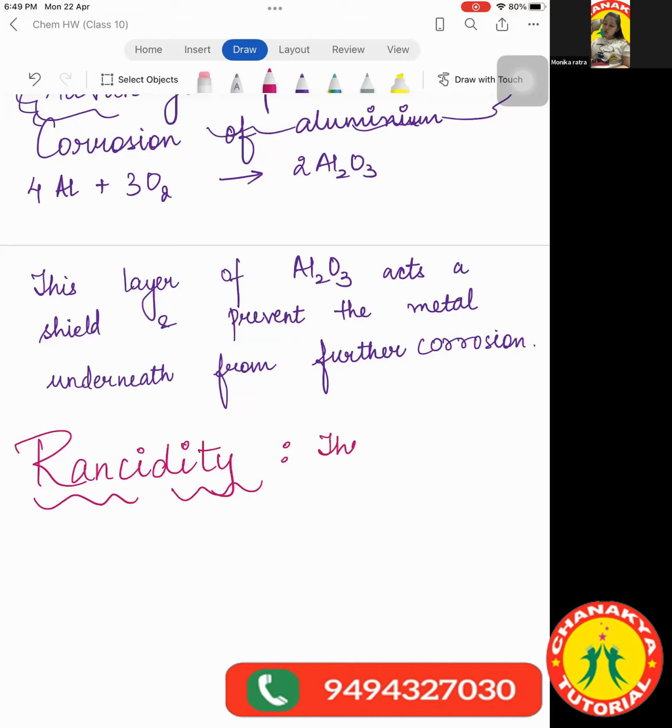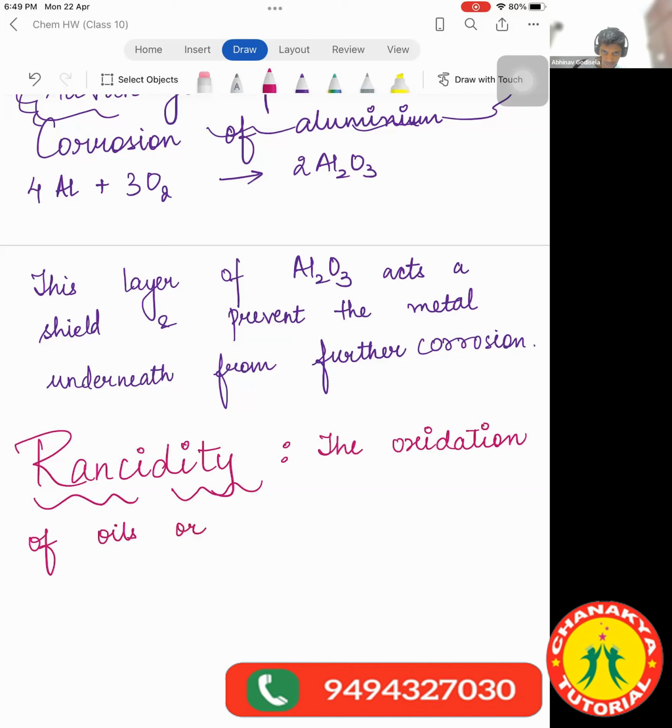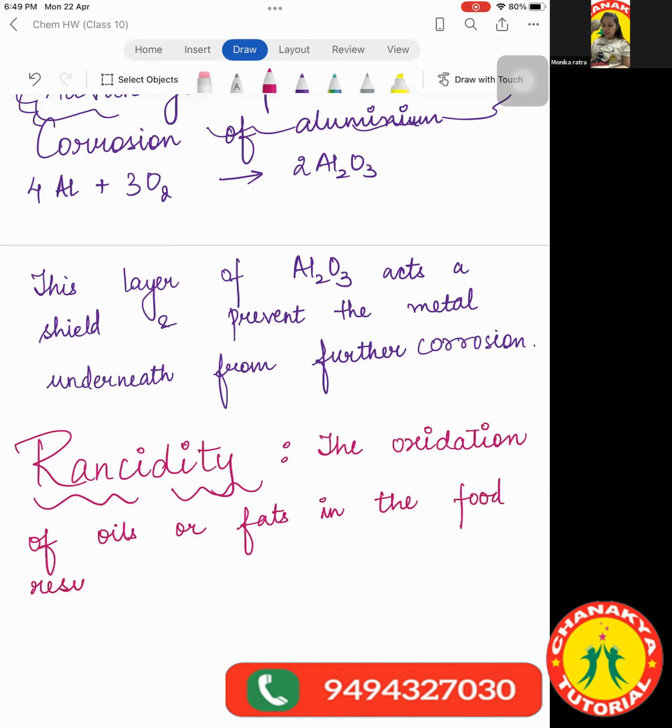It is the oxidation of oils or fats in the food resulting in a bad smell and bad taste.